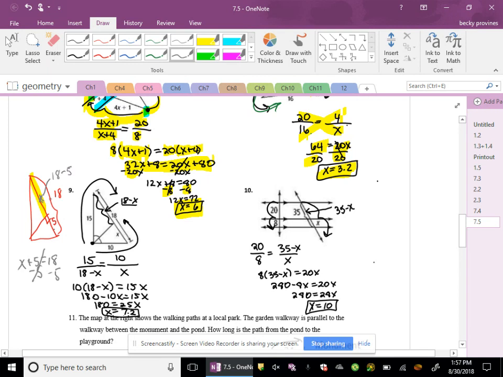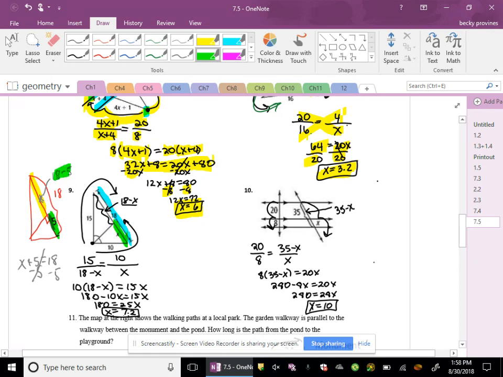So I'm taking the whole amount and then I'm subtracting away this little amount. So let's try to apply that to our problem here. If I know this entire length is 18, which if you look here, they tell you that entire length is 18. But now here's the tricky part. Instead of saying it's 5, they say it's x.